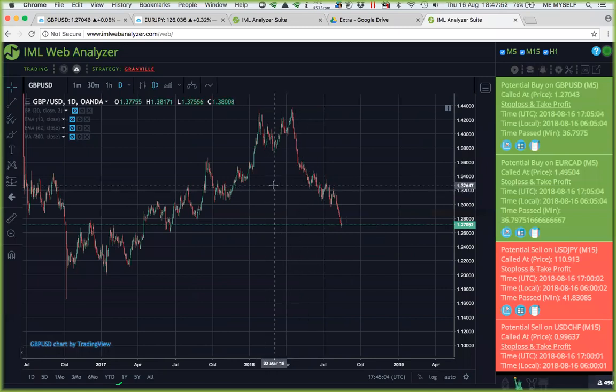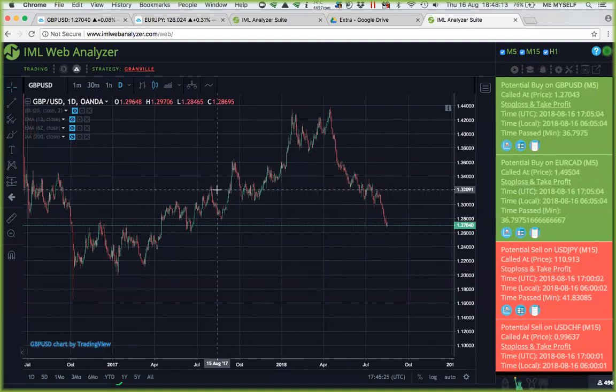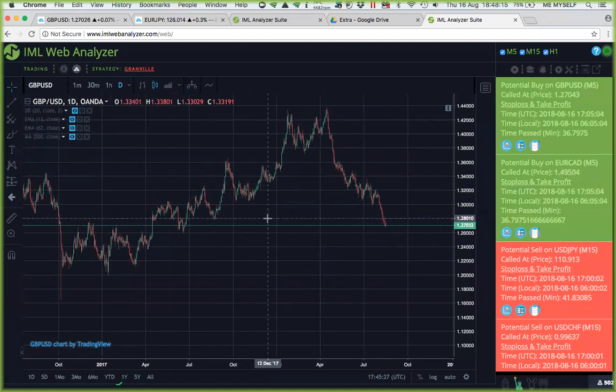Now, the web analyzer is more seen as a scalping tool. We use it for intraday trading as well. So it's basically scalping and intraday trading. Your swing trades depend on where you are in the market, so we don't really use the analyzer for swing trading at all.